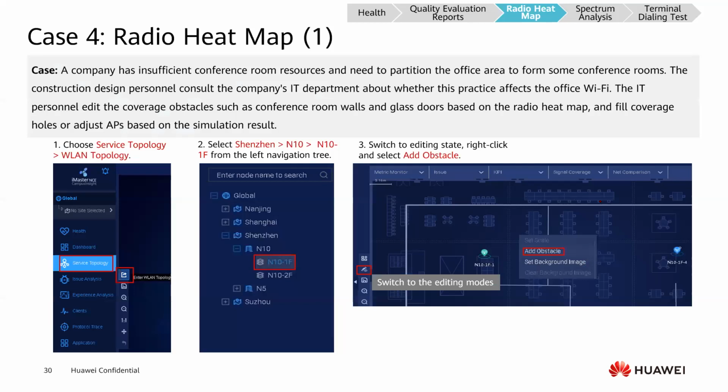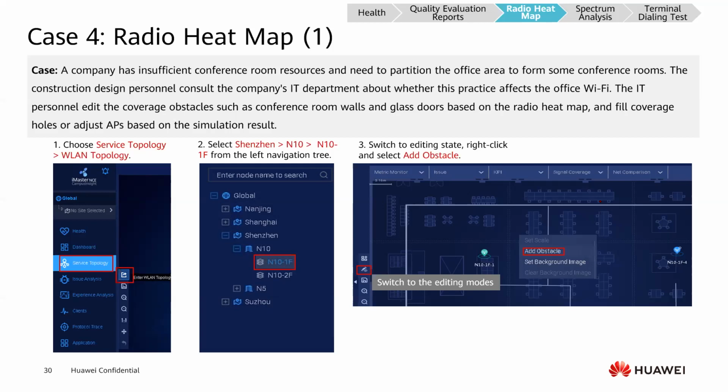So also, for example, for the radio heat map, a company has insufficient conference room resources and needs to partition the office area to form some conference rooms, and the construction design personnel consult the company's IT department about whether this practice affects the office Wi-Fi.